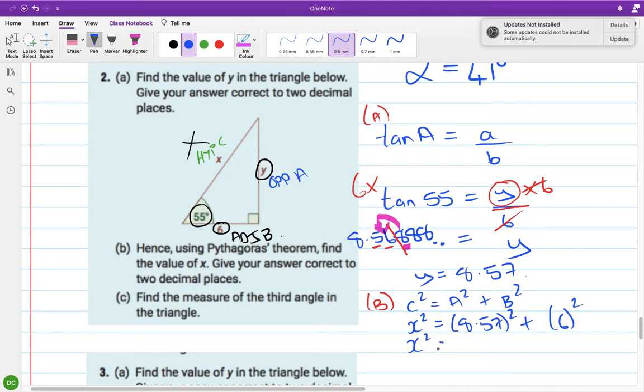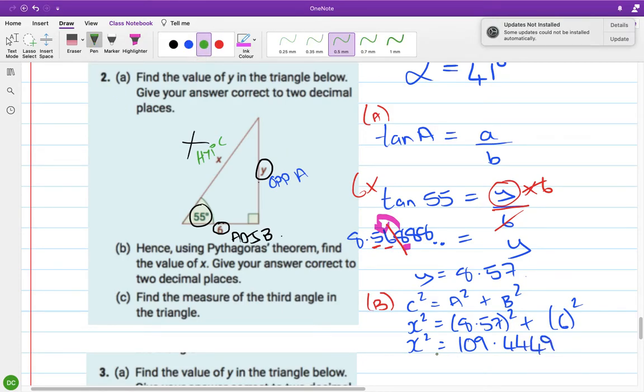So x squared equals, so I'm just going to do this whole thing, so 8.57 squared is 73.4449 plus 6 squared. So I'm getting 109.4449.